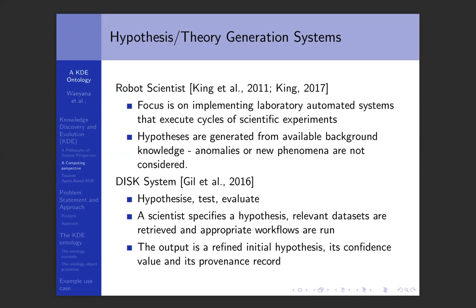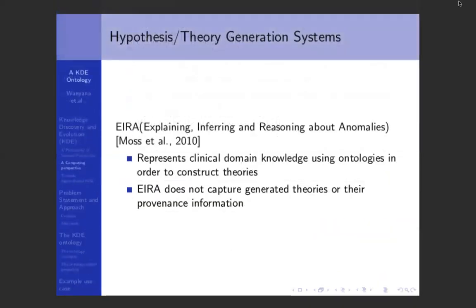The DISK system focuses on hypothesizing, testing, and evaluating hypotheses originally supplied by the human scientists in order to output a refined hypothesis. The ERROR system uses ontologies to represent clinical domain knowledge and also to construct theories.